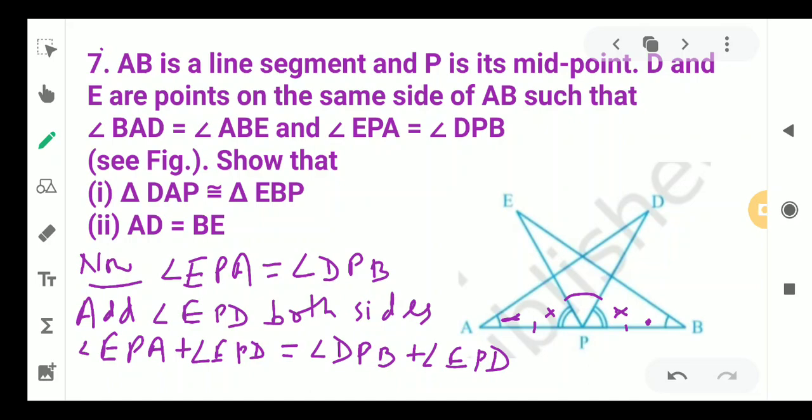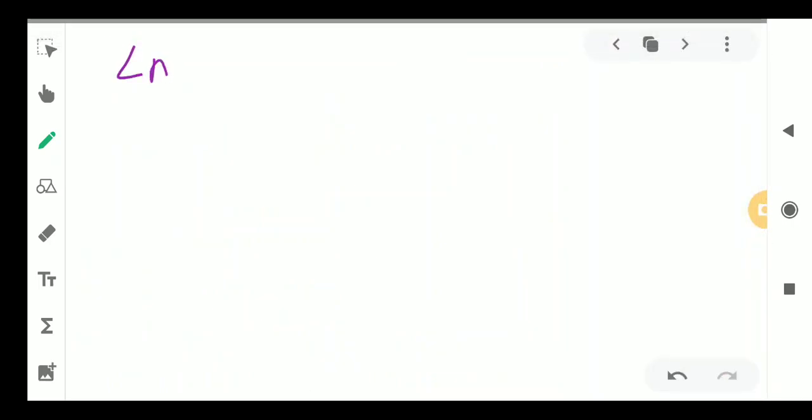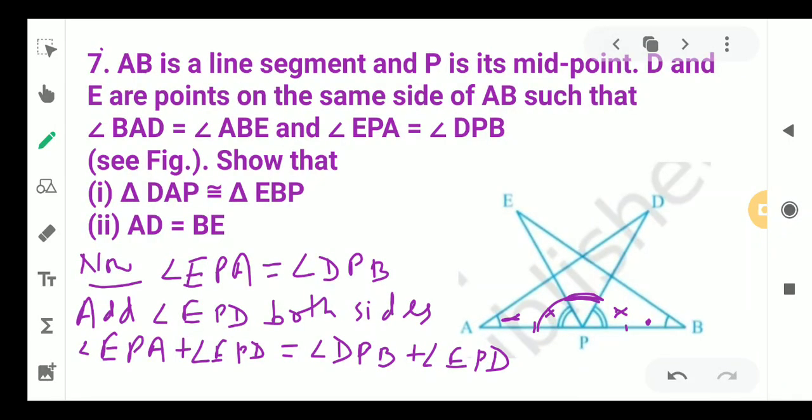Now see this angle EPA, and angle EPD, this one. If we add this and this, we will get this complete angle, that means angle APD. So we are getting angle APD equals, now DPB. Now we are coming to DPB.